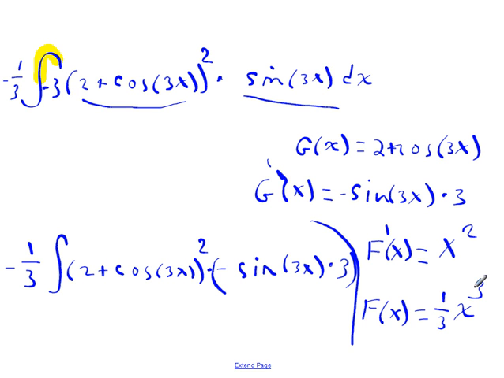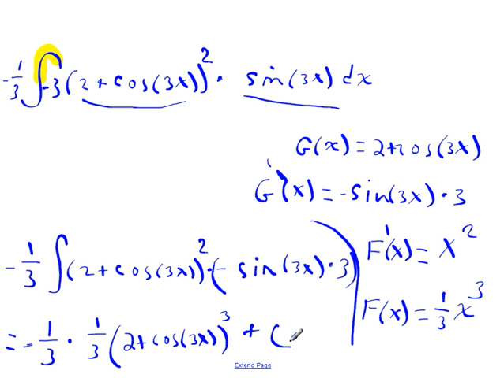All right, so now everything is fitting into our reverse chain rule. So we get negative 1/3, that's the constant out in front, times f of g of x, so times 1/3. Here's my g of x, so 2 plus cos of 3x, cubed, plus c.